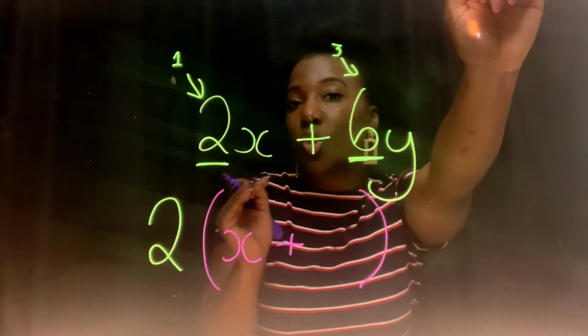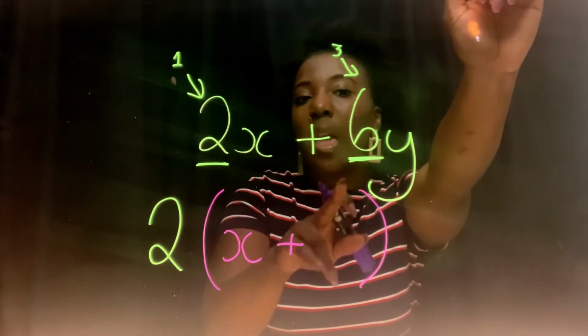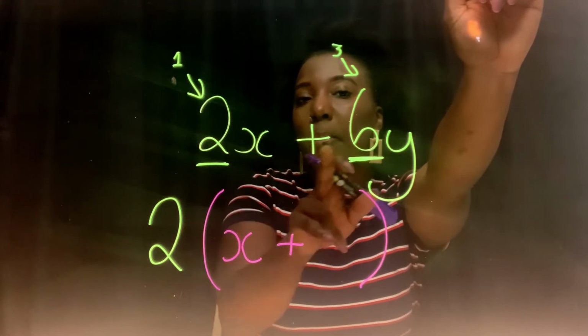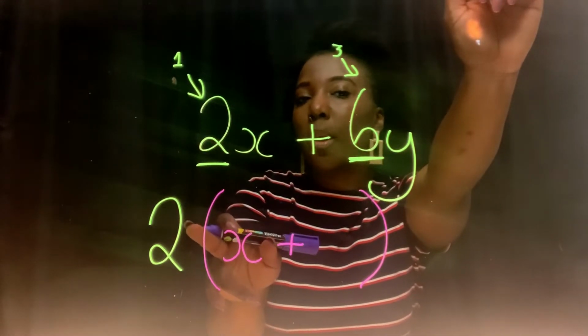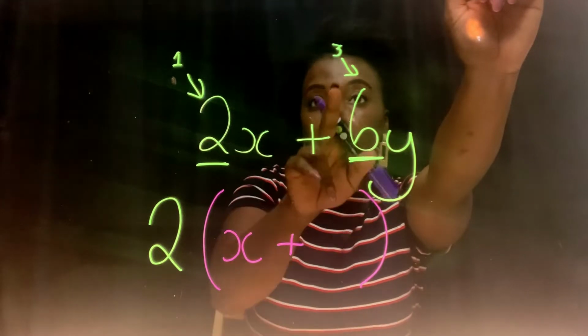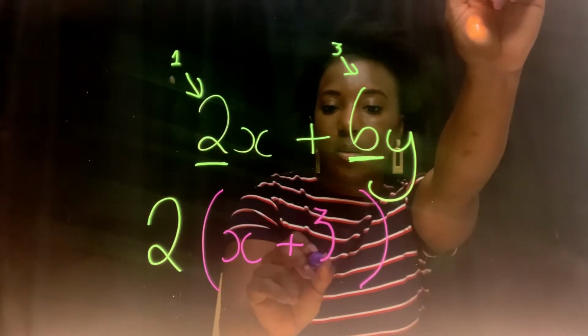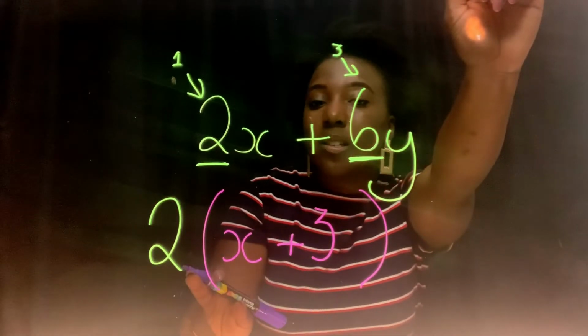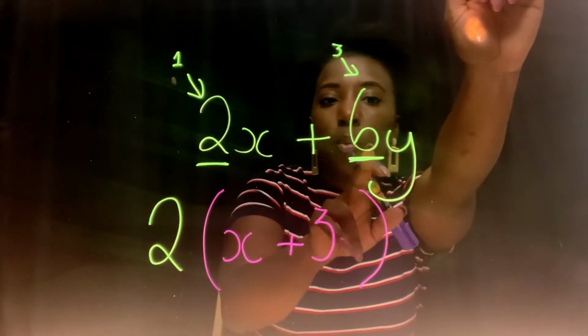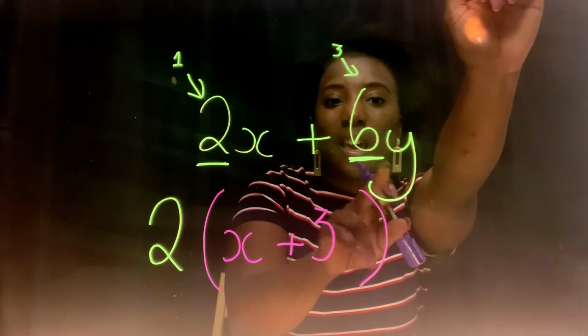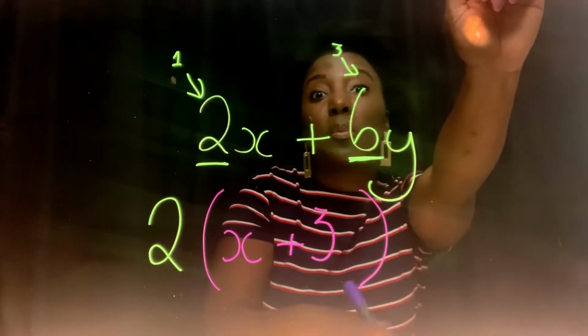Let's break it down into 2 steps. If we look at the numbers, what do you multiply by 2 to give you 6? 3. So 3 is going to go here. And after we've got that, what do we now need to multiply by to get this 6y? We need to multiply by y.